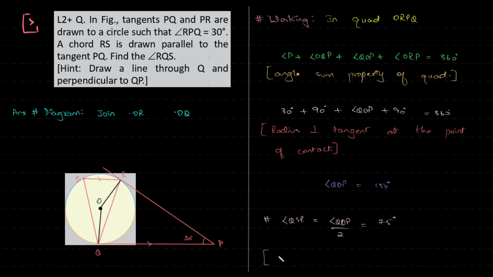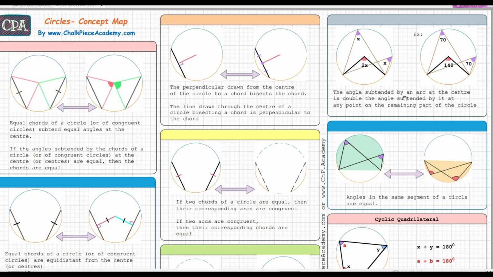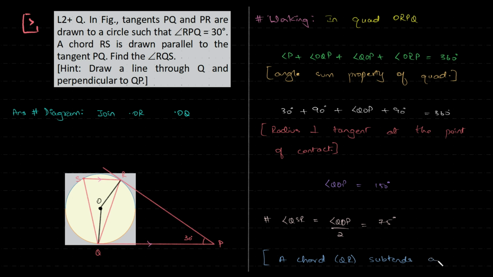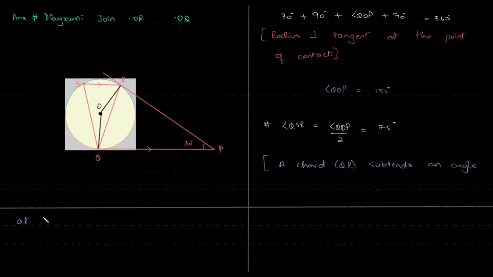The reason being a chord, in this case QR, not P, subtends an angle at the center which is double the angle subtended by it at the circumference.